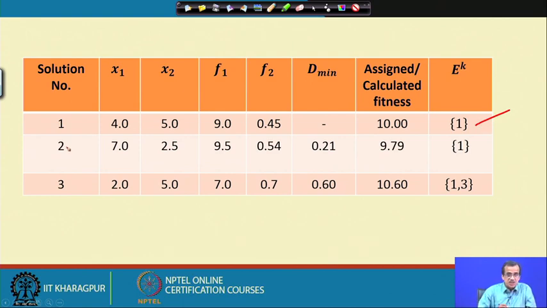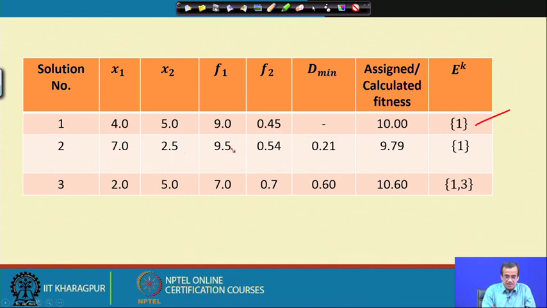Now, we go for the second solution. Once again these are all generated at random. So, I am selecting at random a particular value for x 1 that is 7.0, another value for x 2 that is 2.5, and using the same expression of the objective function I can calculate f 1, that is nothing but x 1 plus x 2.